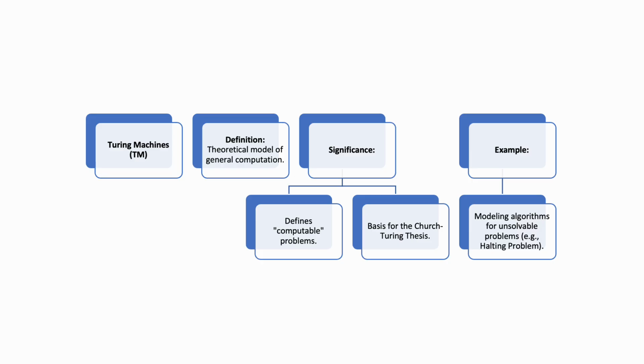For instance, the famous halting problem, as mentioned on the slide here, which asks whether a program will run forever or eventually stop, was proven unsolvable using Turing machines. While they are mostly a theoretical tool, their principles underpin how modern computers and programming languages are designed. Understanding Turing machines gives you insight into the very essence of computation, from the algorithms powering your apps to the fundamental limits of what technology can achieve.